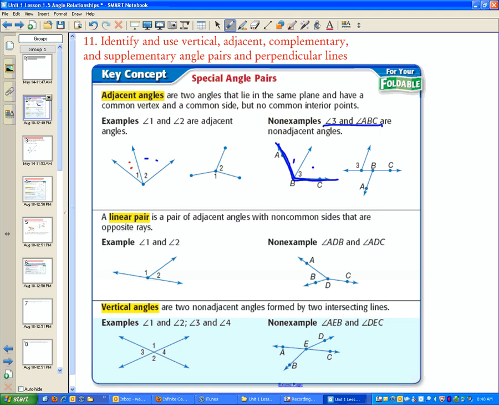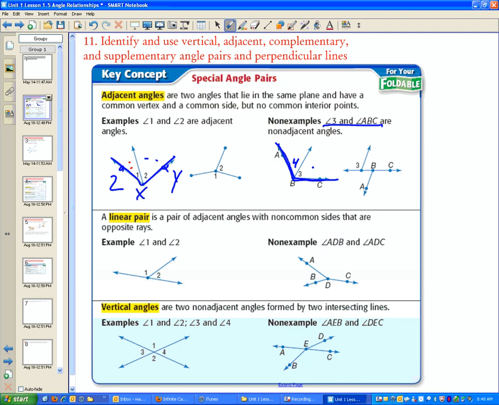Now, is angle 3 adjacent to angle 4? Yeah. But angle 3 is not adjacent to angle ABC. Right, now if we made Z, X, Y, angle 1 is not adjacent to angle ZXY. It's inside of angle ZXY.